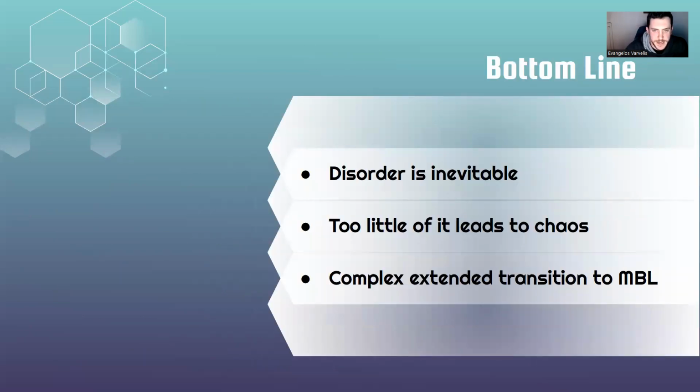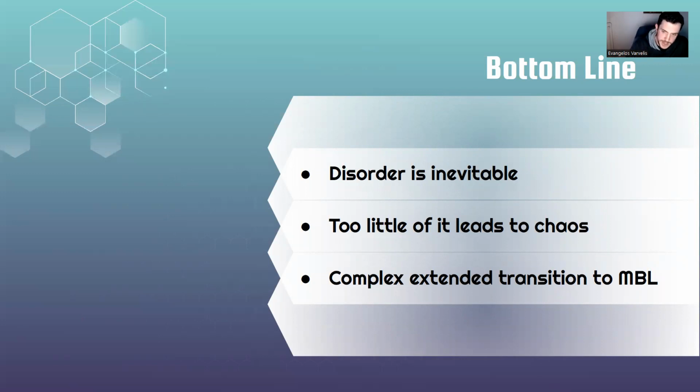Let's sum it up. You're going to build a realistic physical system that is going to serve as a quantum memory. You're going to have disorder, that's kind of unavoidable. So as soon as this happens, you might as well make sure that there is enough of it to avoid moving into some chaotic regimes.